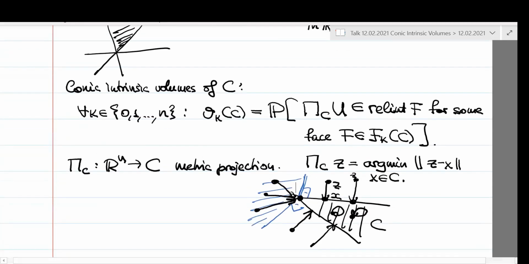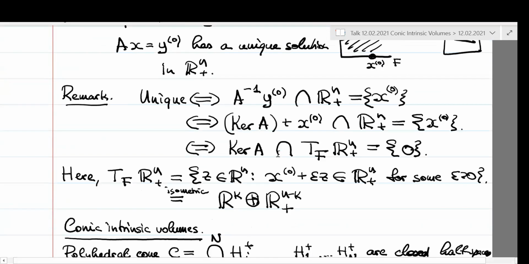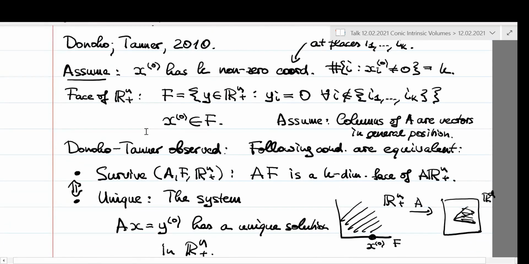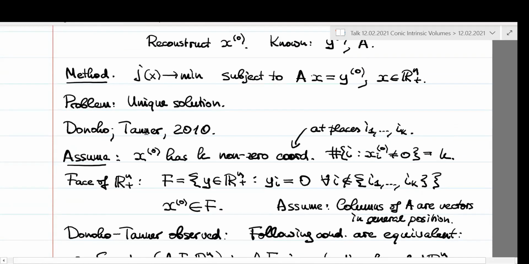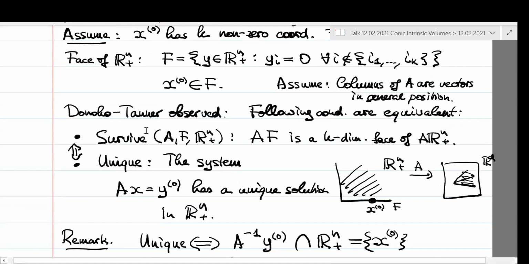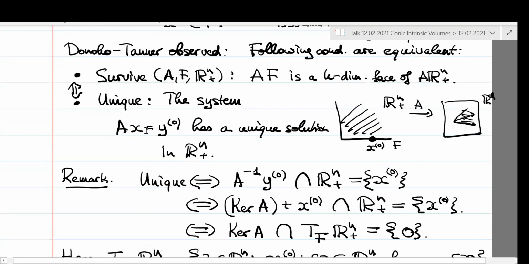Zakhar, just one question, maybe from the beginning. At the beginning, on the first page, when you define your method, do you have a function to minimize, or do you just have some condition under which a linear system of equations Ax equals y0 has a unique solution? Yes.